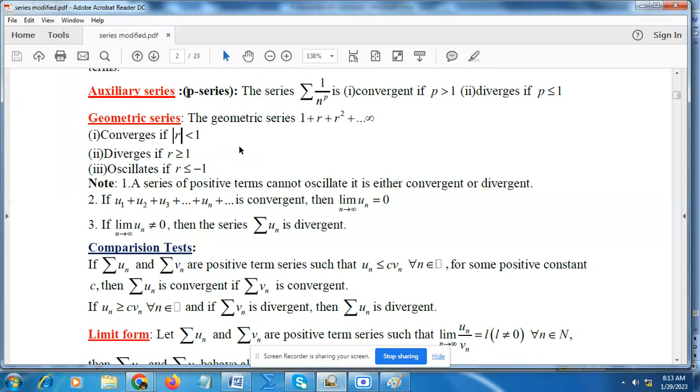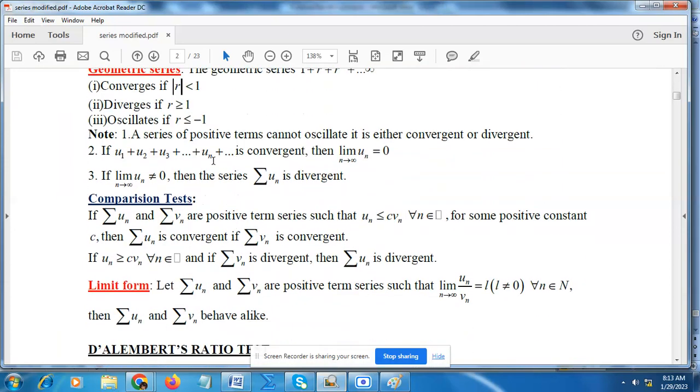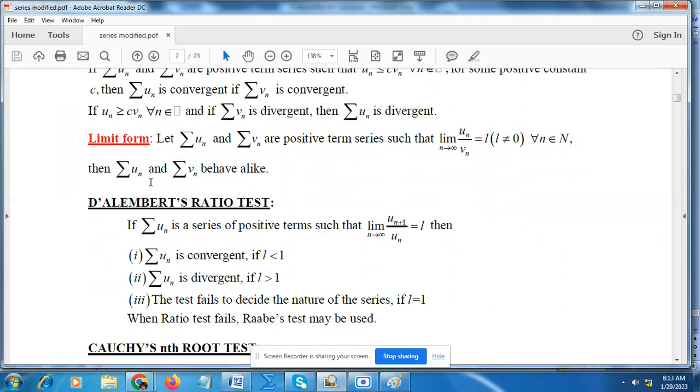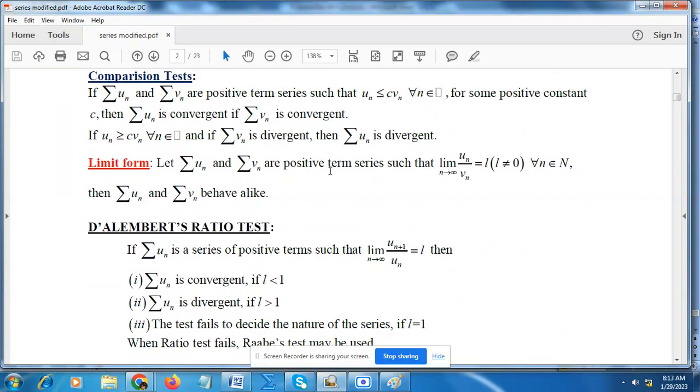Okay. Now you go for tests. First you go for the comparison test. In that we remember this, that is, if sigma un and sigma vn are positive term series, such that limit un by vn as n tends to infinity is finite, it means it is not equal to 0.